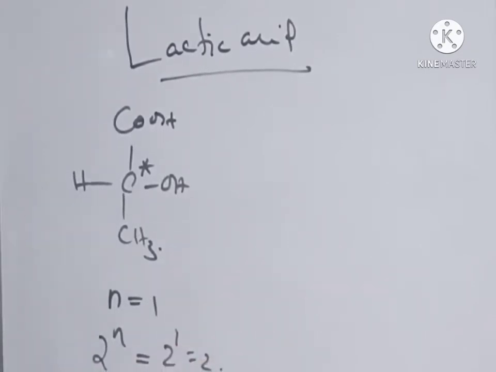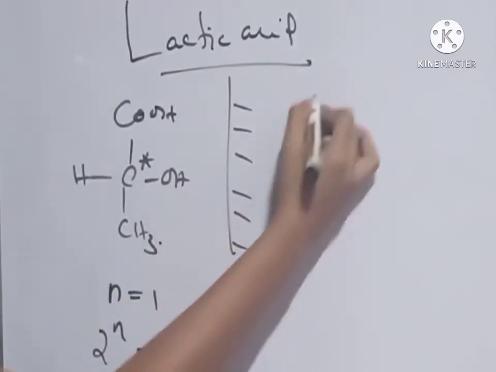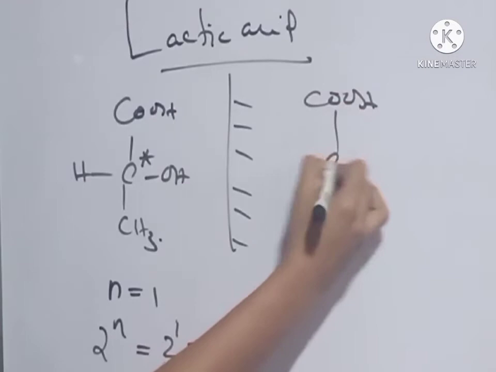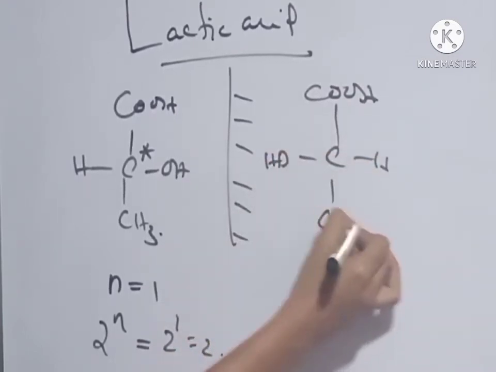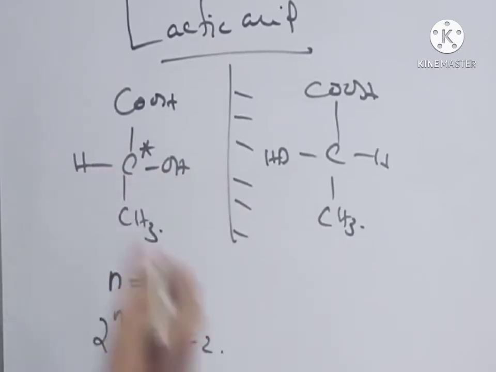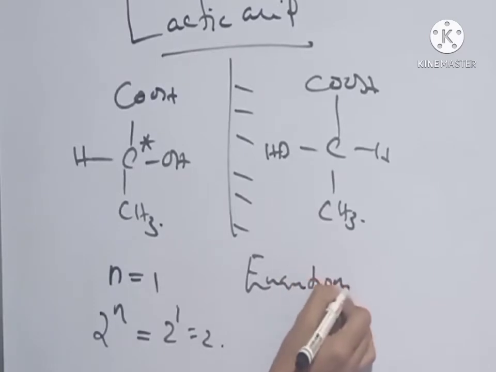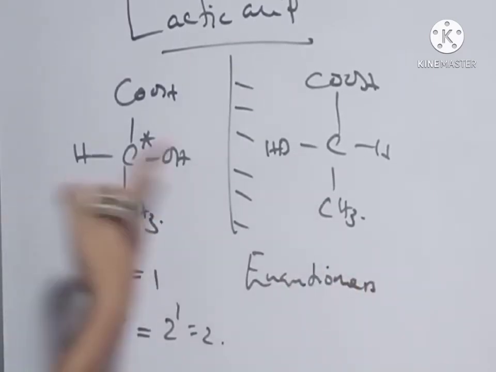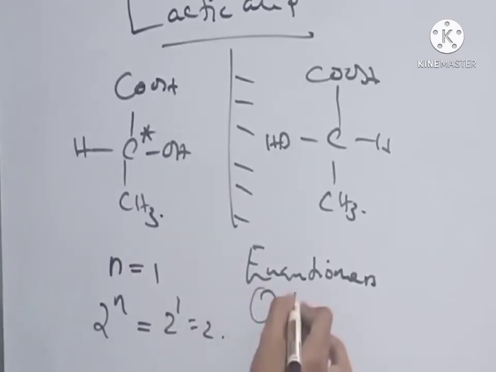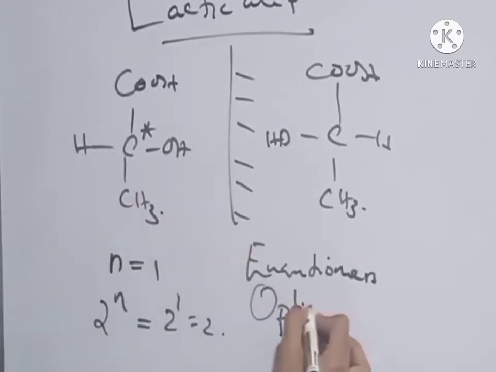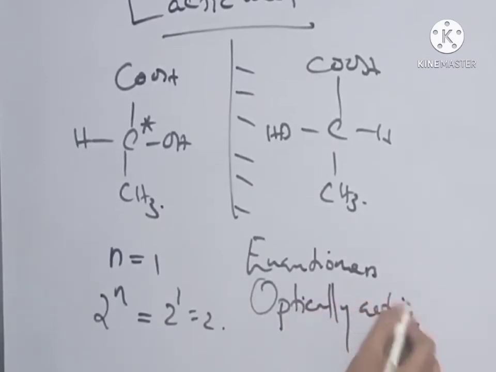So 2 stereoisomers are there, and the next one is the mirror image of the first one. And hence these two are related as enantiomers, since these are non-superimposable mirror images. And there is no question about optical activity. It is optically active.